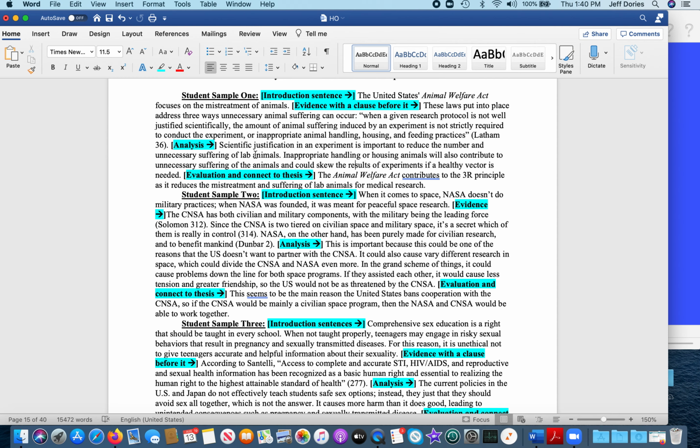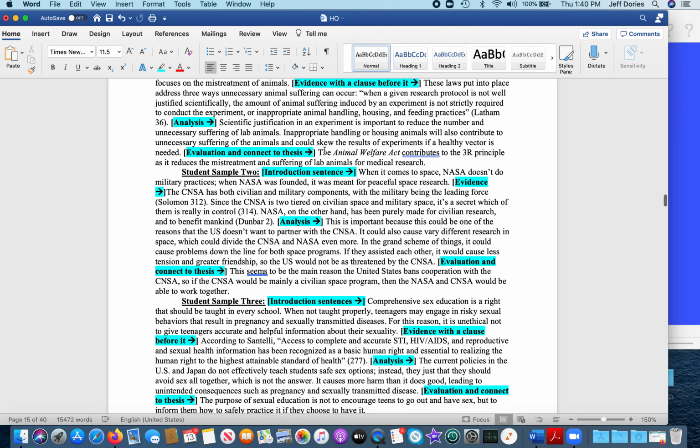Or you could have it separate as well. The Animal Welfare Act contributes to the 3R principle as it reduces the mistreatment and suffering of lab animals for medical research. So we don't have her thesis here, but you can probably tell that her thesis has to do with arguing that the Animal Welfare Act is something that's important, as is the 3R principle.